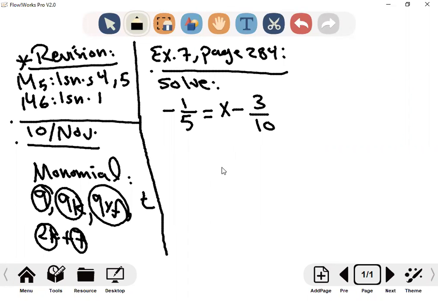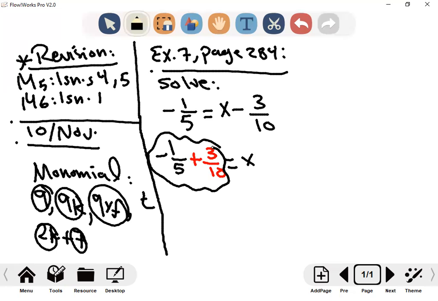So here -1/5, and I will bring the 3/10 here, plus 3 over 10 equals x, right? So we need to find the result of these two fractions to find the value of x.